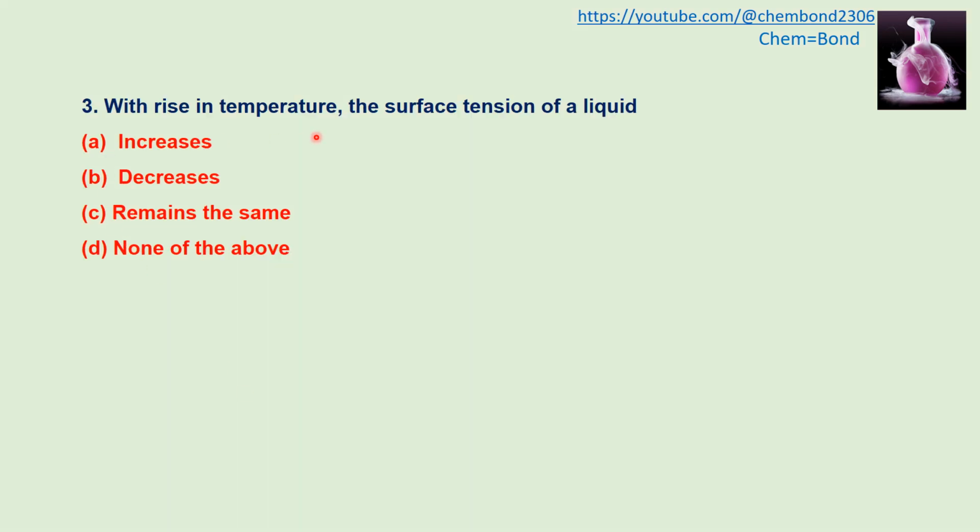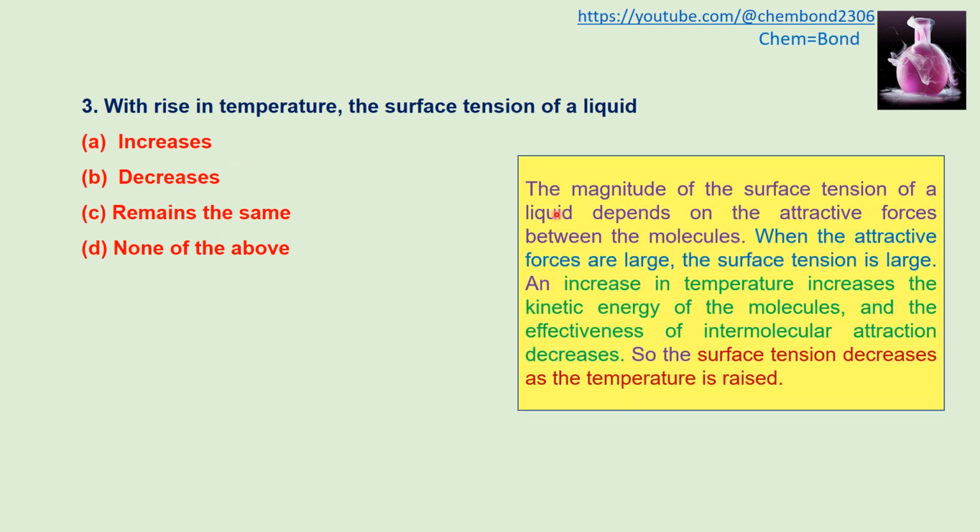With rise in temperature, the surface tension of the liquid increases, decreases, remains the same, or none of the above? The magnitude of the surface tension of a liquid depends upon the attractive forces between the molecules. When the attractive forces are large, the surface tension will be large.